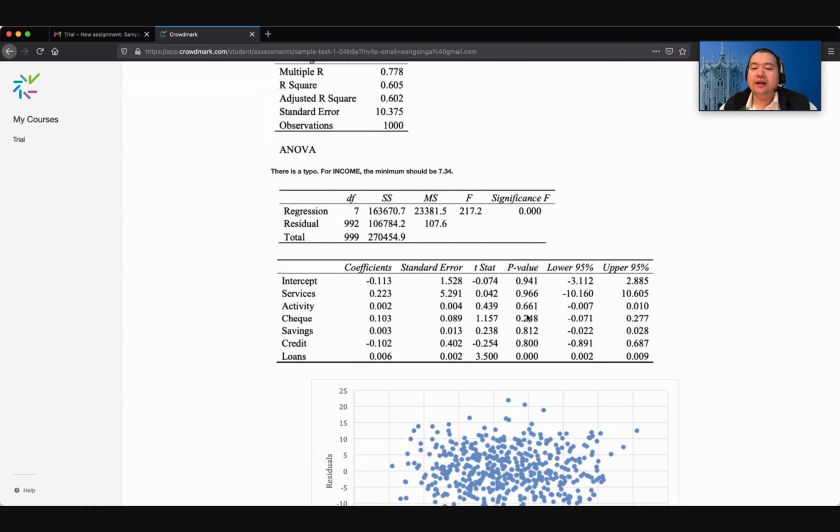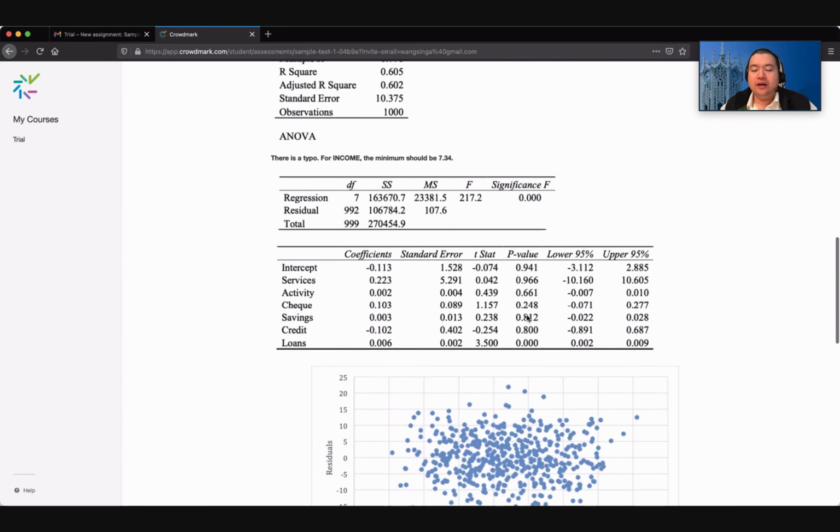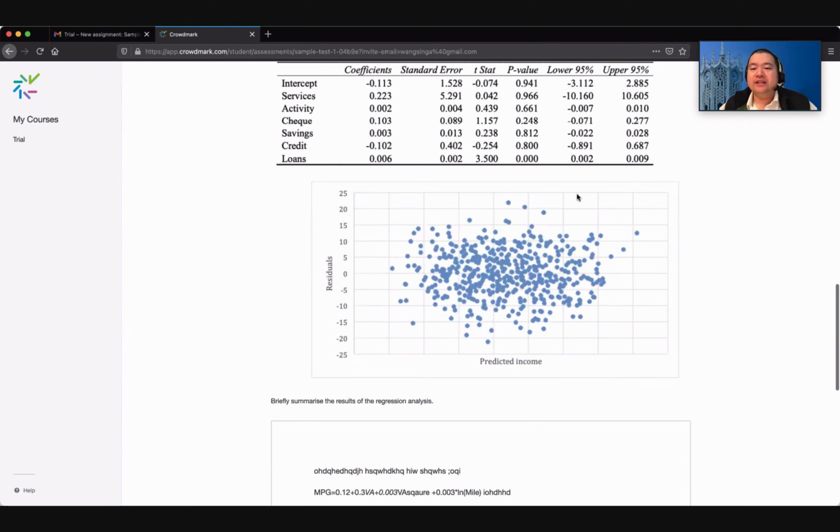Okay, so this is something that you have to know, and this is what I said, the residual plot. Previously, we only offered this one residual plot to you, but now I have added more, including the histogram. So you can check these residual plots to see if the assumptions of the residuals hold. In this case, the plot looks like the average is zero, because here's a zero, right?